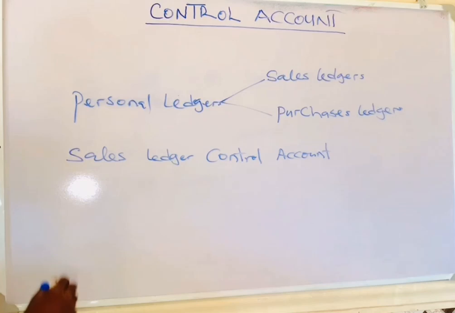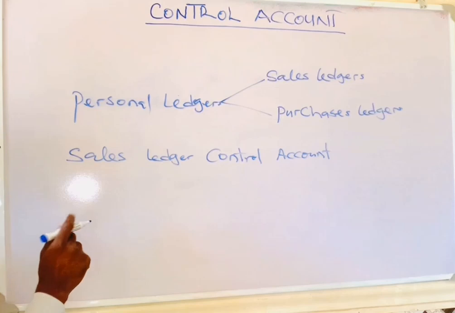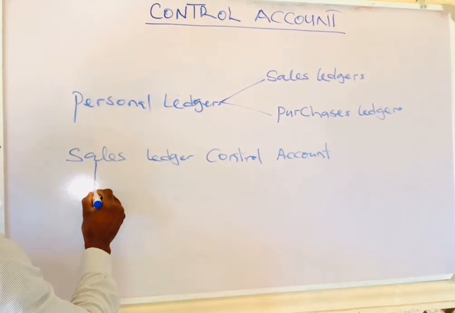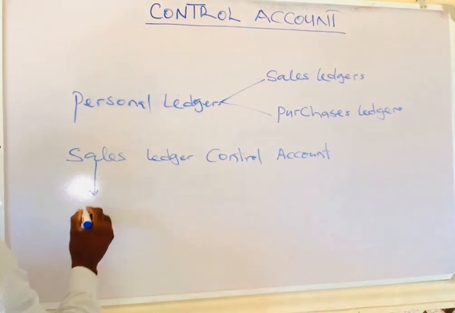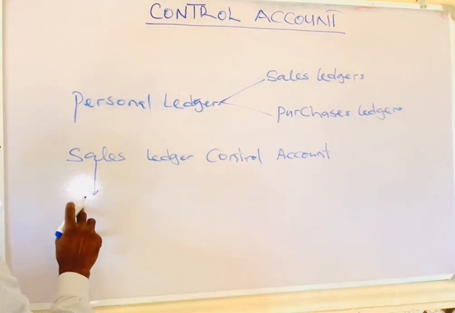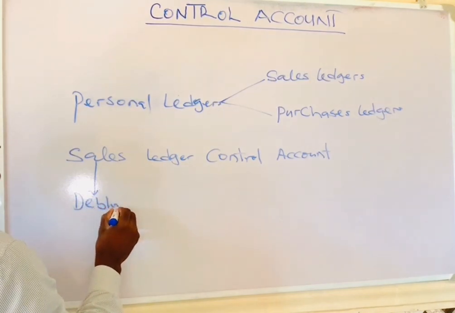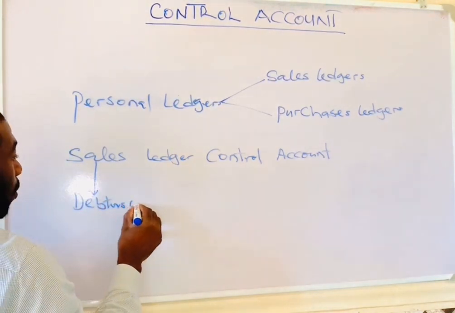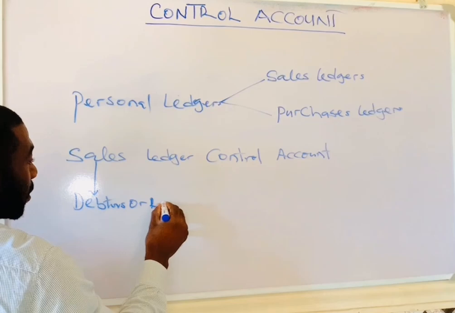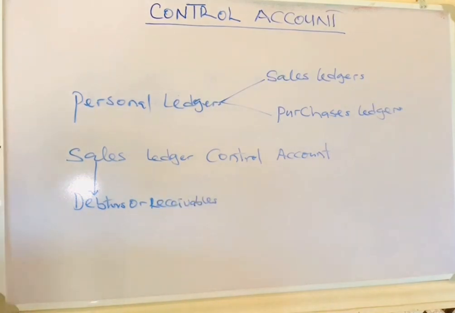When we sell, we debit the customer and credit the sales. We are selling to our customer, so we debit this customer to know that this customer is to pay us, and they are also known as debtors or receivables.